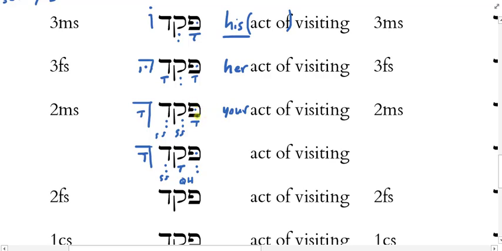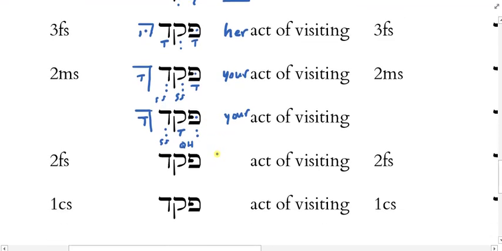So I could either see, for your active visiting, referring to a man, poke-daha, in the vein of poke-do, poke-da, poke-daha, or I could go back to the original form, pakod, but I still have to do my vowel reduction on that closed unaccented syllable. Pakod-ha. Okay, so there are two ways to do that.